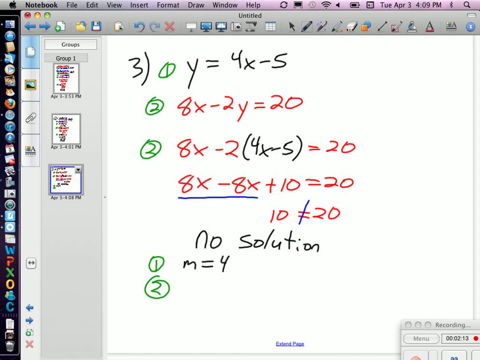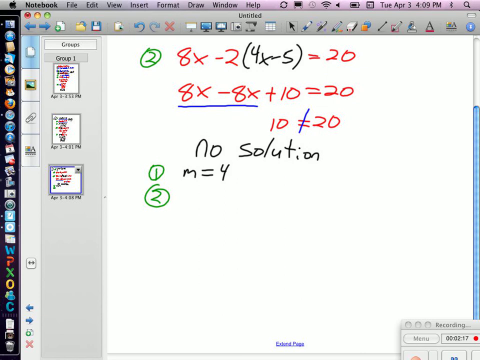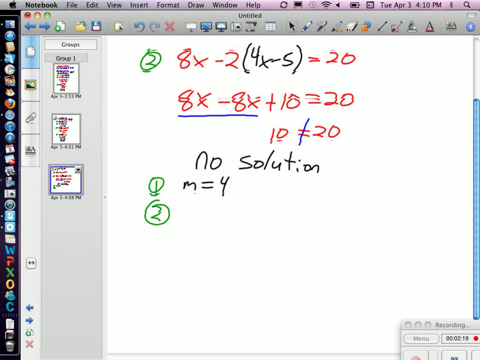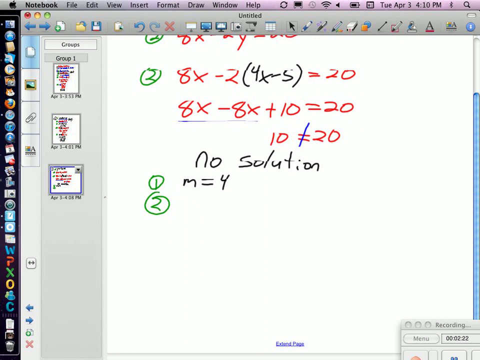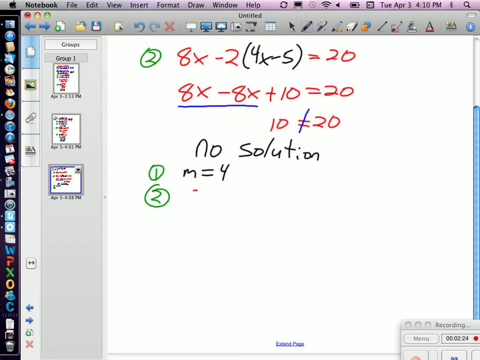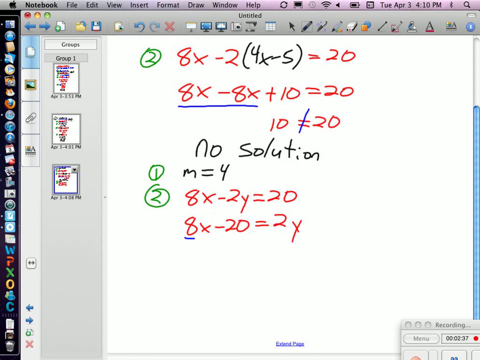It says 8x minus 2y equals 20. Now if we put it in slope-intercept form, we'll have 8x minus 20 equals 2y, and once we divide everything by 2, we'll get y equals 4x minus 10. And again, that slope of 4 is the same.